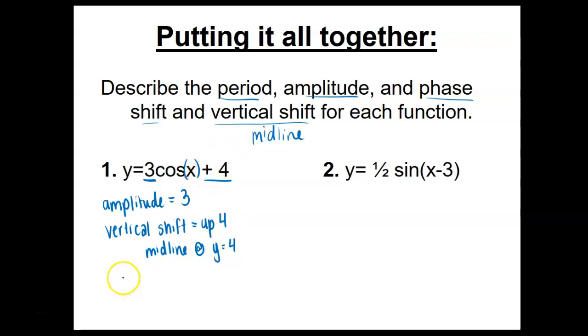Okay. Your period is 2 pi divided by the number in front of the x. Do we have a number in front of the x? No, so it's a 1, so this is just 2 pi divided by 1, which is 2 pi.